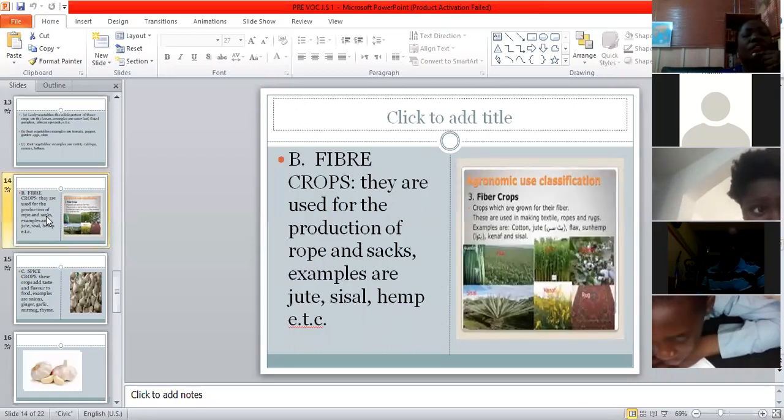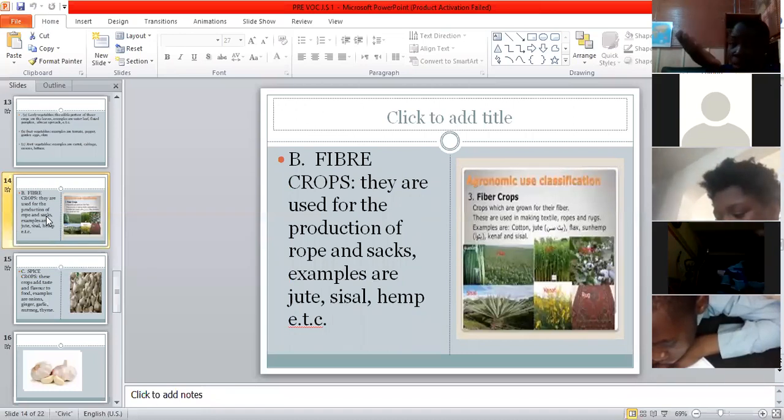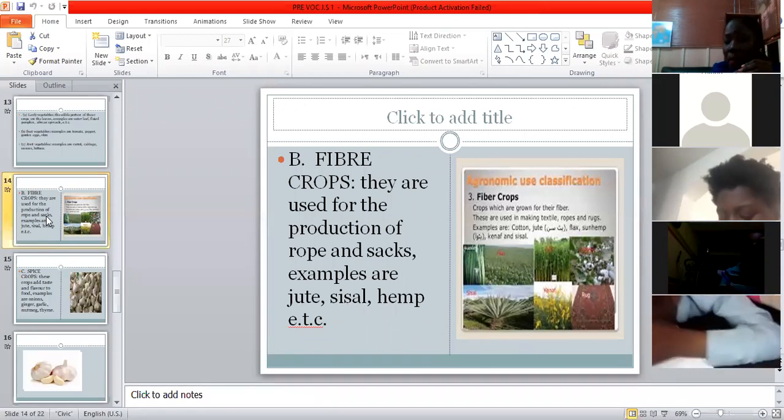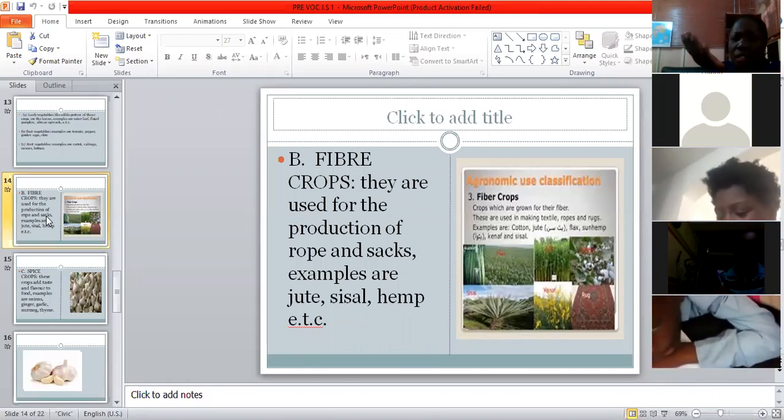The second one is called the fiber crops. Fiber crops are used for the production of textile, that is clothing. They are used for the production of rope and sacks that are being used in the market or used at home for packaging. The cotton plant is an example of fiber crops, and we all know what cotton is being used for.